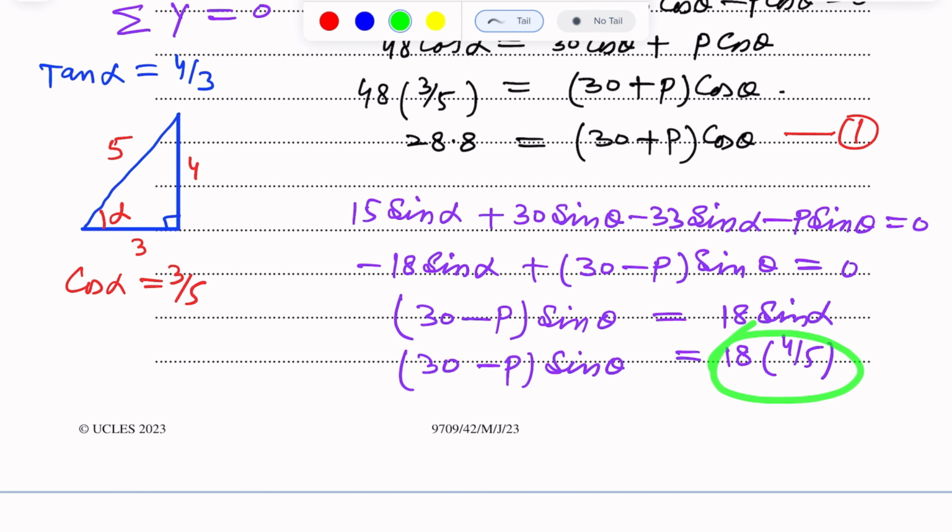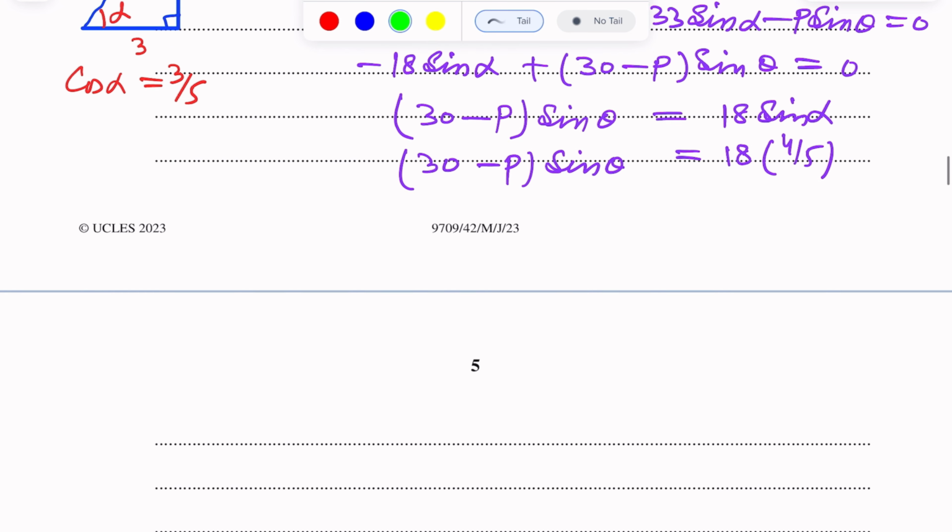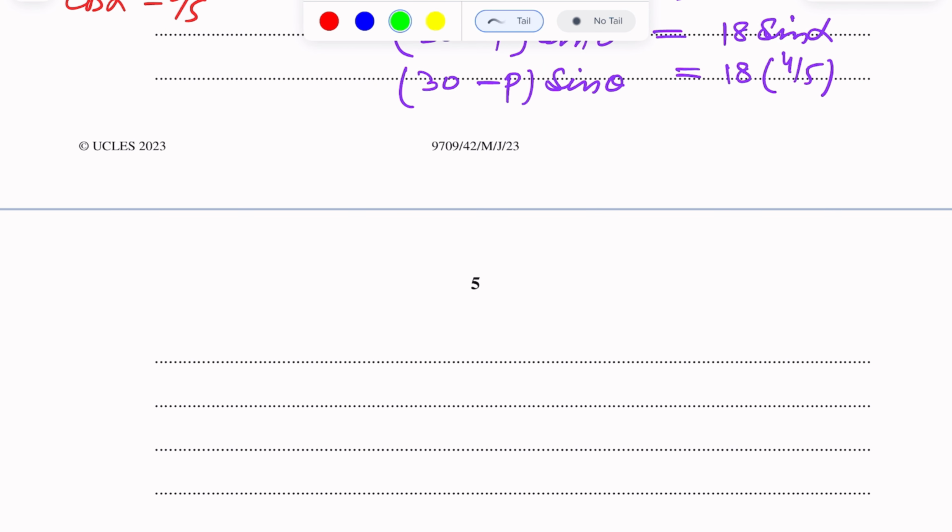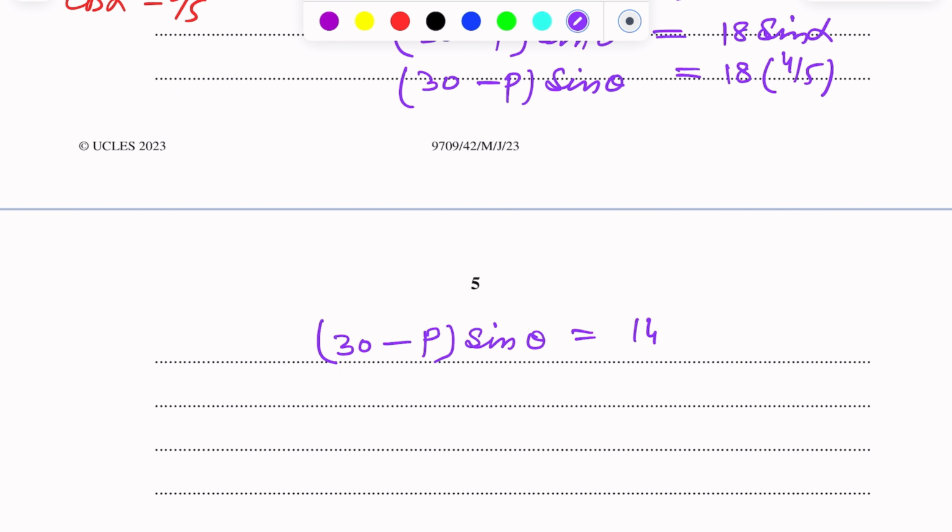Simplifying the right hand side, we get 30 minus p into sin theta is equal to 14.4. Let this be equation 2.